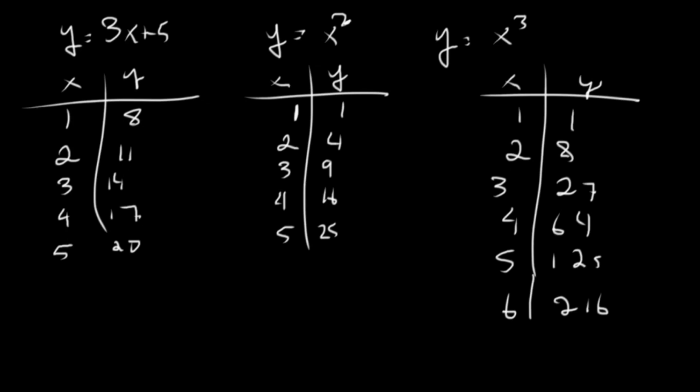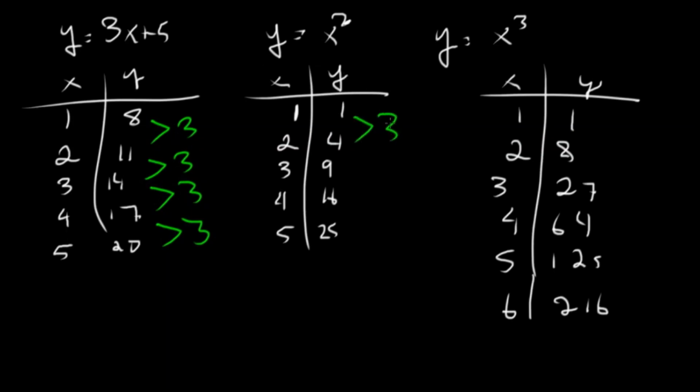This may be the first time I've shown you this, or it may be old news. But the difference between 8 and 11, that's 3. The difference between 11 and 14, that's 3. 3, 3, right? With linear functions, there is a constant difference. Now let's look at the difference between outputs of a quadratic.